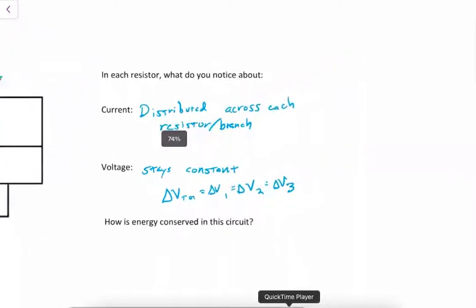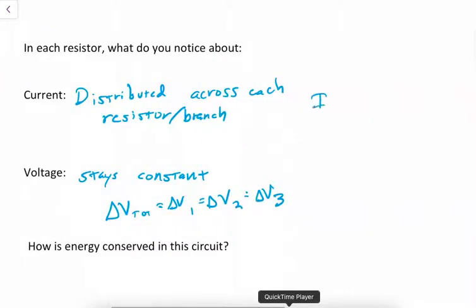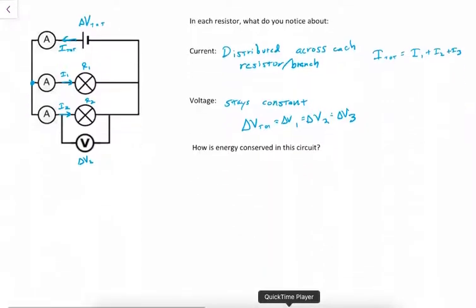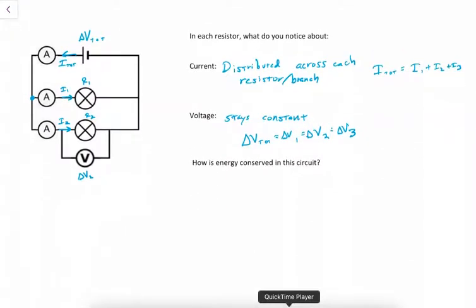And we know that current is distributed, so this total current is equal to the sum of each branch current. That has to do with conservation laws, conservation of charge. We're going to talk about conservation of energy as well. We'll be using these conservation laws to help us understand circuits, this whole unit.